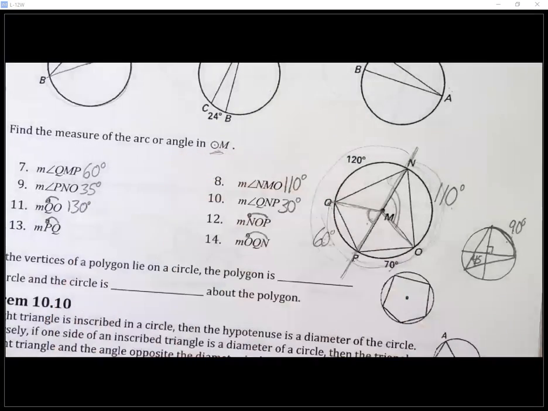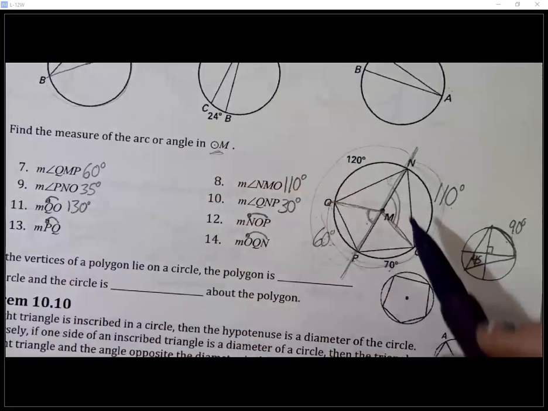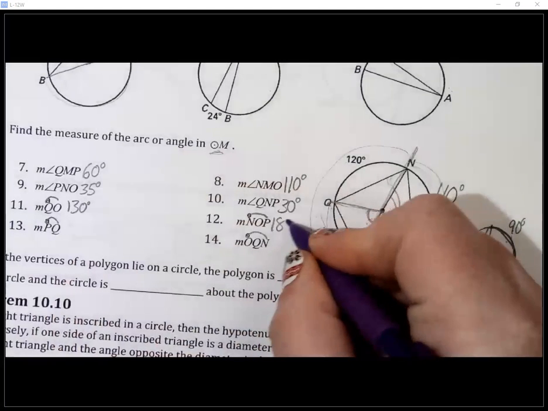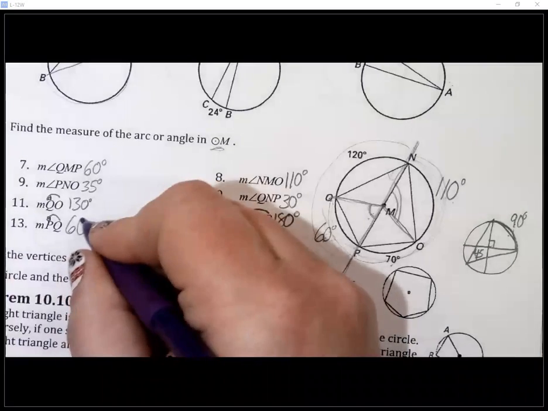And how about 12? Arc NOP. Leanna, what'd you get there? Yep, 180 is correct. Okay, and 13 is arc PQ. We already have that at 60. Couldn't do some of these other ones without that.